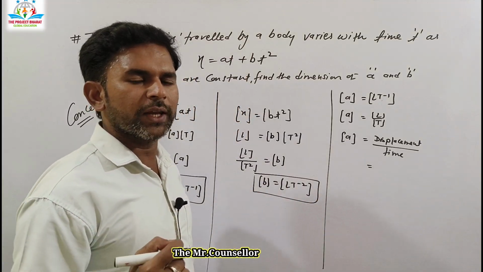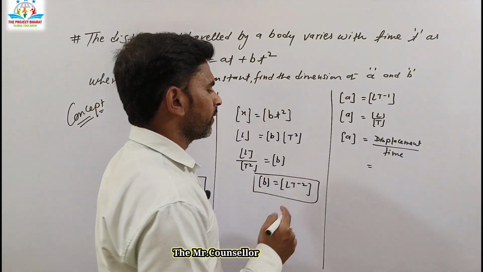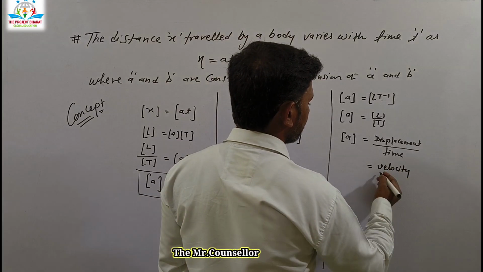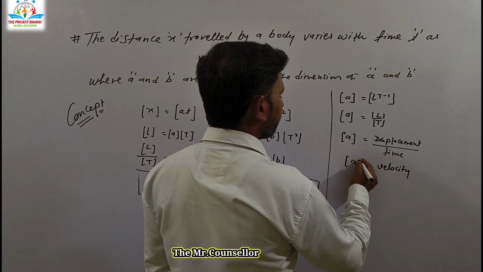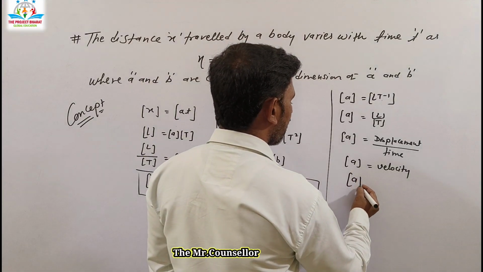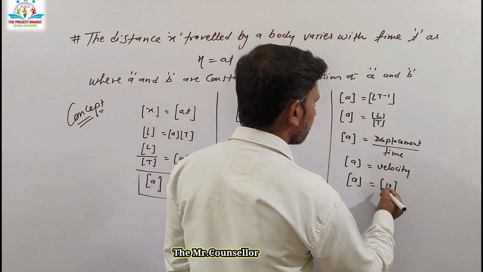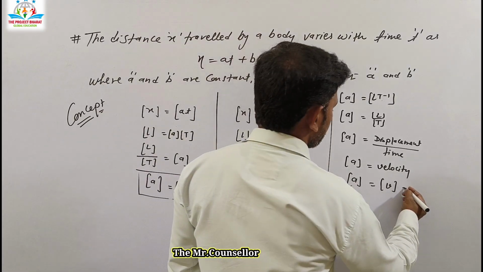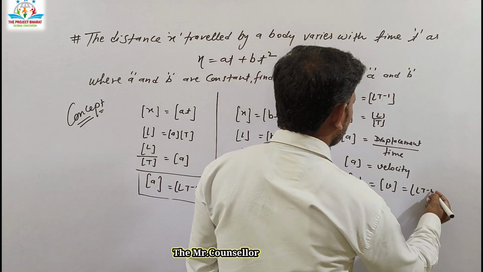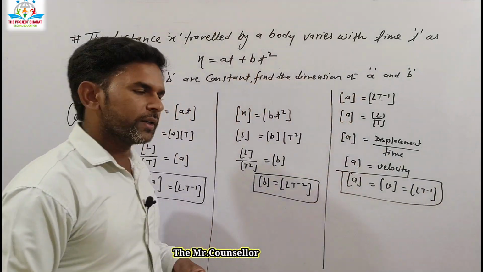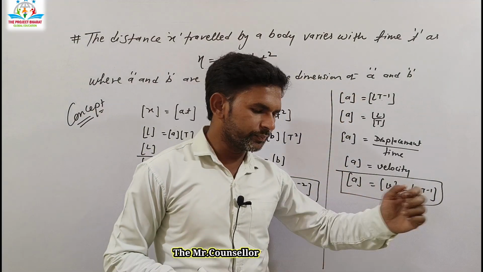If I tell you displacement upon time, we know it very well: velocity. So finally we can better understand that A indicates the dimensional formula of velocity, which is equal to LT⁻¹. Is it okay or not? This is LT⁻¹.